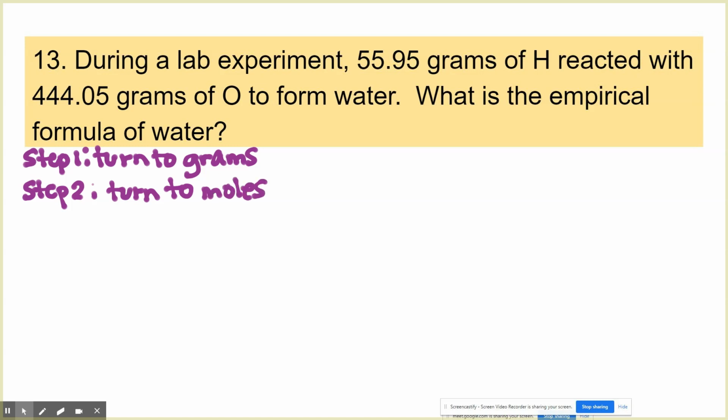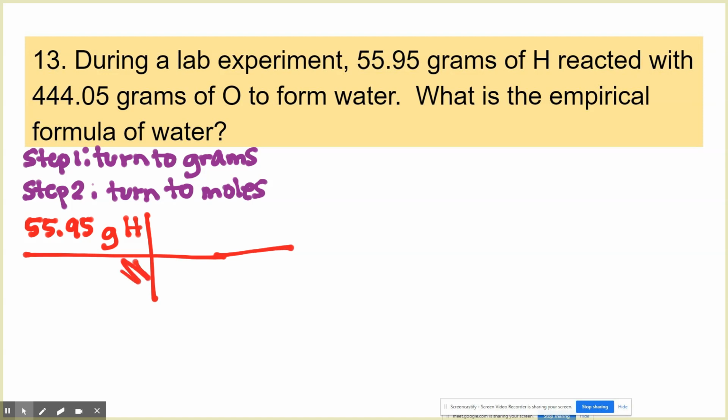All right, so let's get the first one. 55.95 grams of H. All right, so how do you turn this into moles? Remember, we have to do those boxes in squares, right? Yeah, and then there's nothing here, remember? Nothing underneath the given.